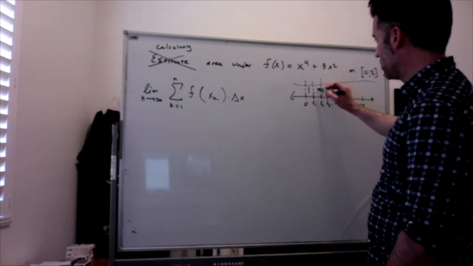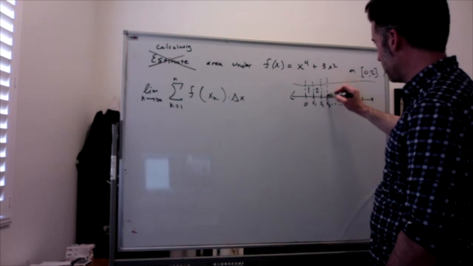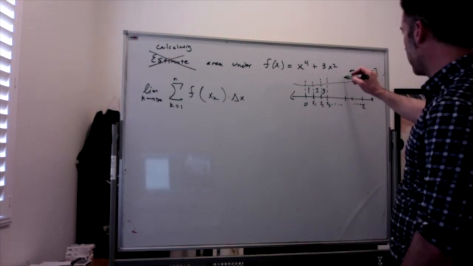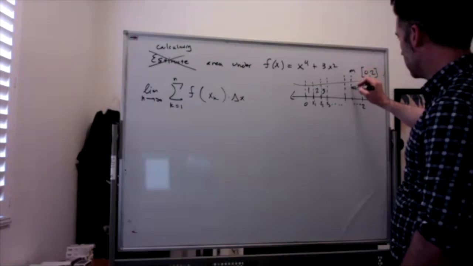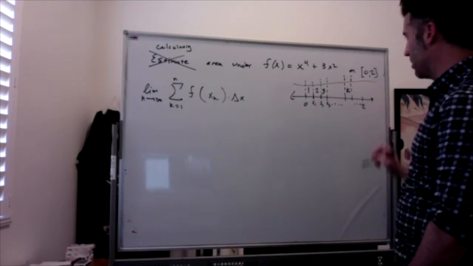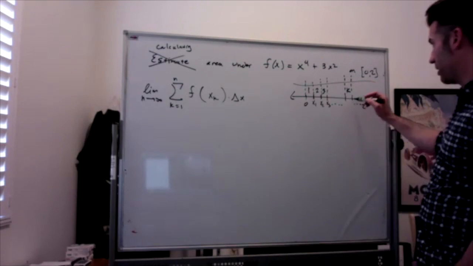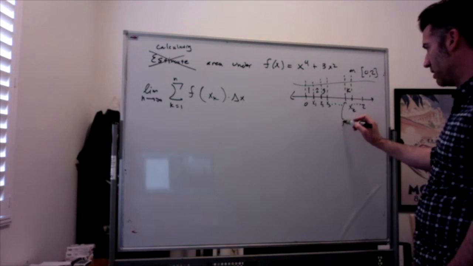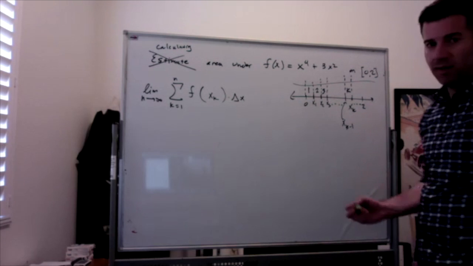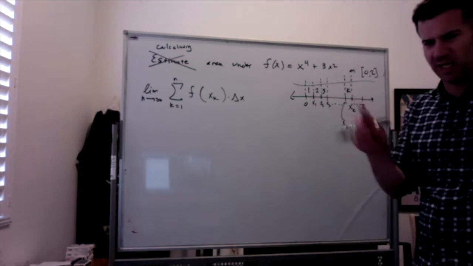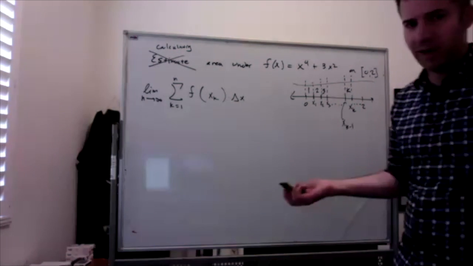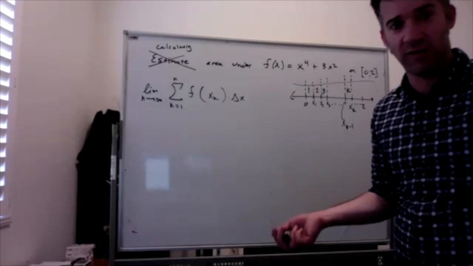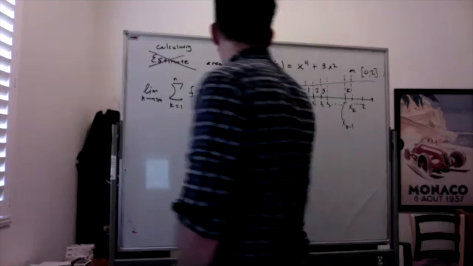This is my second subinterval, and this is my third subinterval. And over here is my kth subinterval. So the right endpoint of that is x sub k. And the left endpoint of that is x sub k minus 1. That's pretty standard notation. I know that's not actually what's really being done in this class, but it seems worth mentioning because it's what a lot of people do when they teach this.